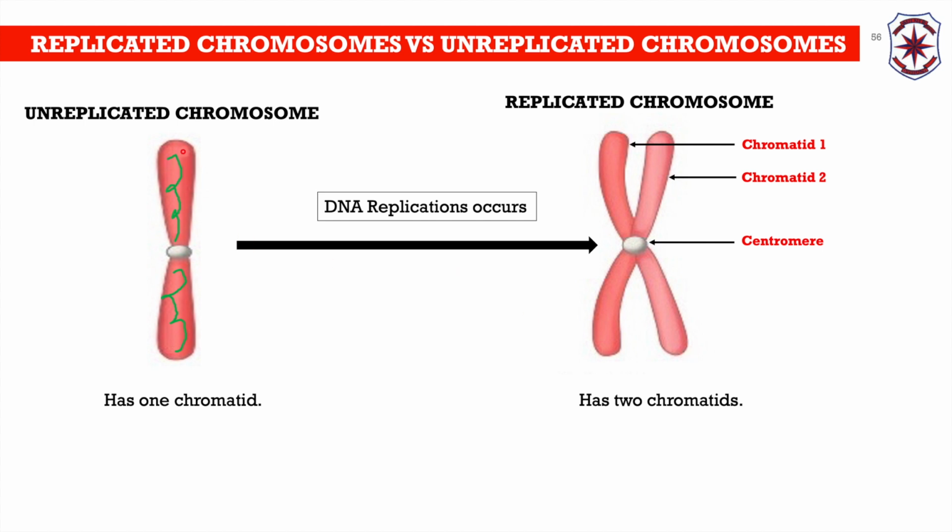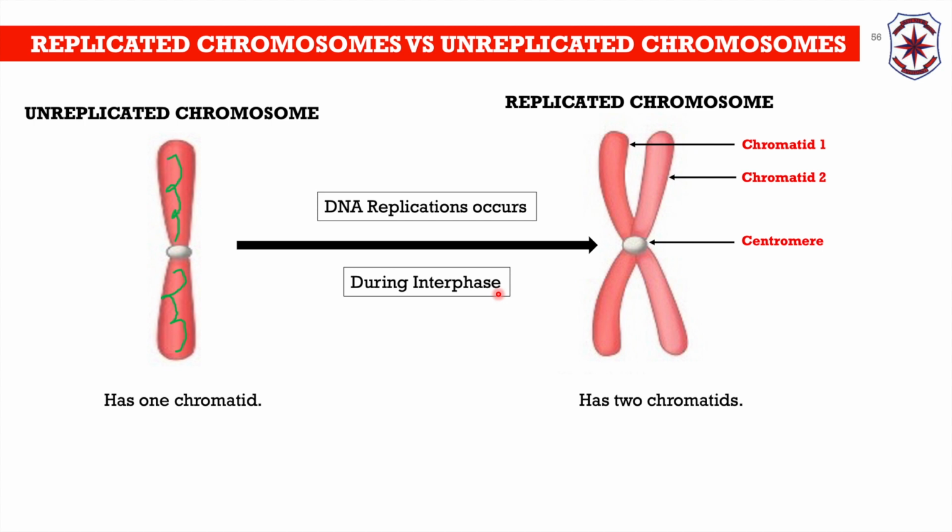We said that to move from having an unreplicated chromosome with one chromatid to having a replicated chromosome with two chromatids, DNA replication has to occur. Now, this process takes place during interphase. Remember, guys, please do not make a mistake here. DNA replication is the process, and it takes place during interphase.